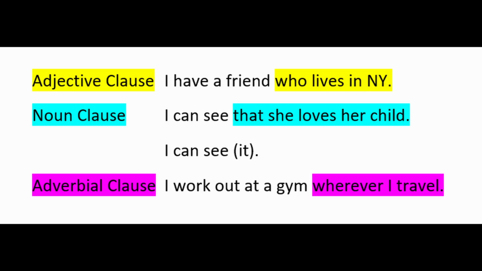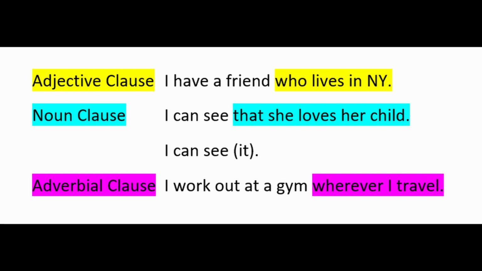There are three types of dependent clauses that are useful to know. The first one is the adjective clause. I have a friend who lives in New York. I'm describing my friend, so that's an adjective clause. You can also have a noun clause, right? I can see that she loves her child. Imagine a mother just had a baby, and obviously she loves that child very much. So I can see that she loves her child.